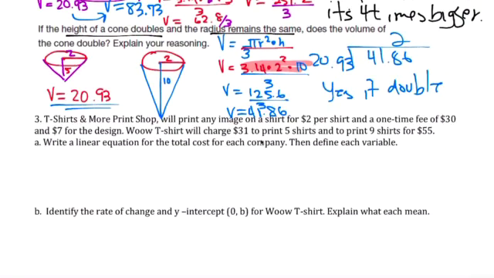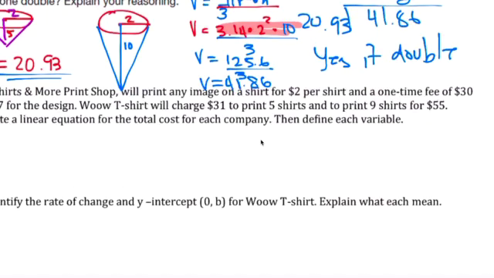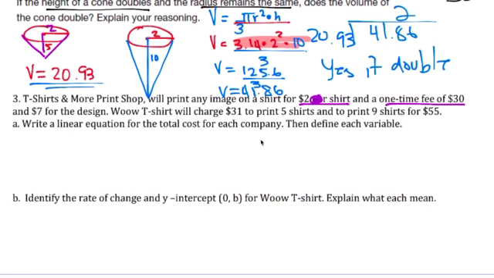Okay, number 3, the last one here for this day. Y-intercept is... Frontmore Print Shop will print an image on a shirt. $2 per shirt and a one-time fee of $30, and a $7 setup fee.